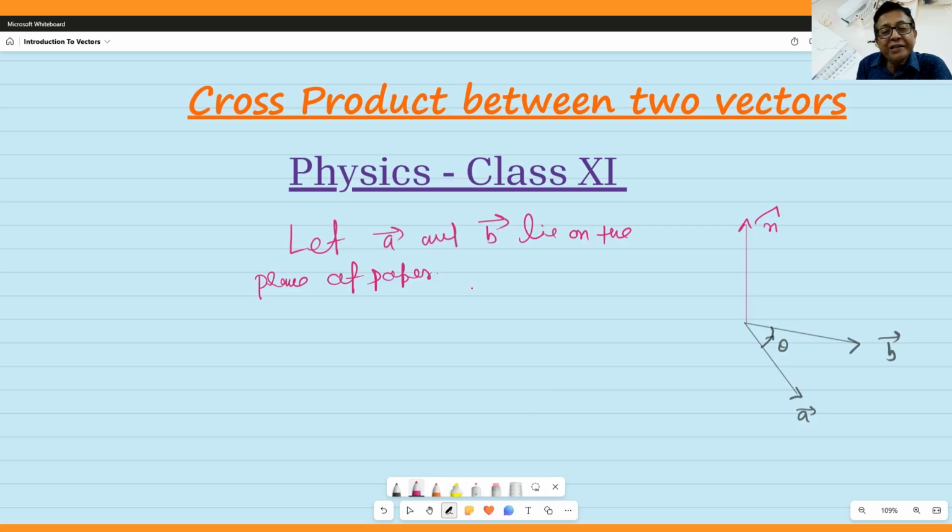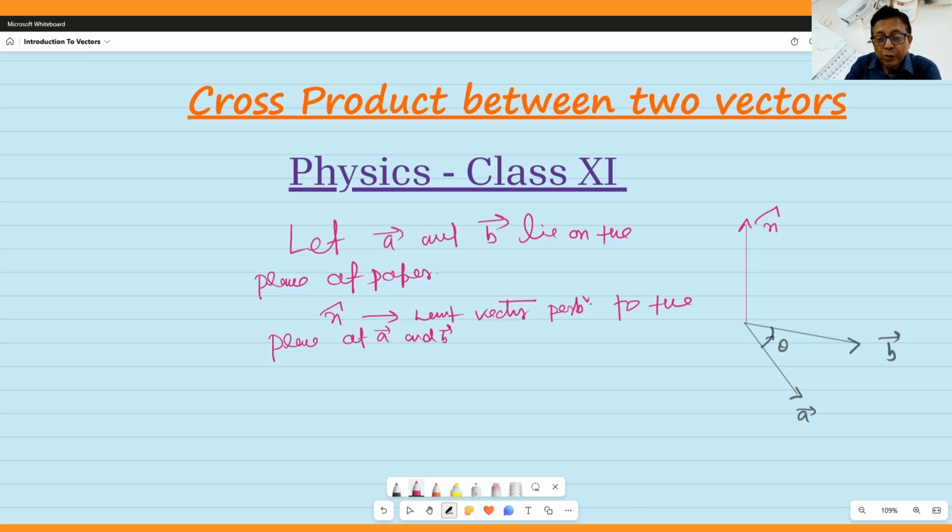And let n cap be the unit vector perpendicular to the plane of A and B. So what does it mean?